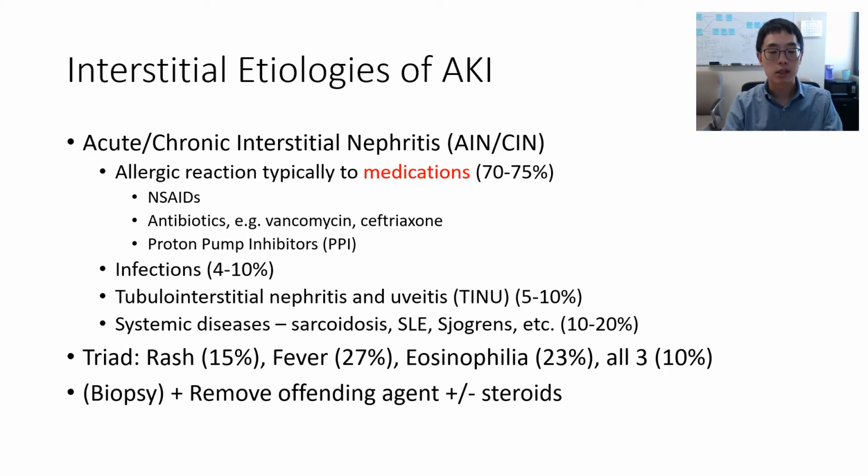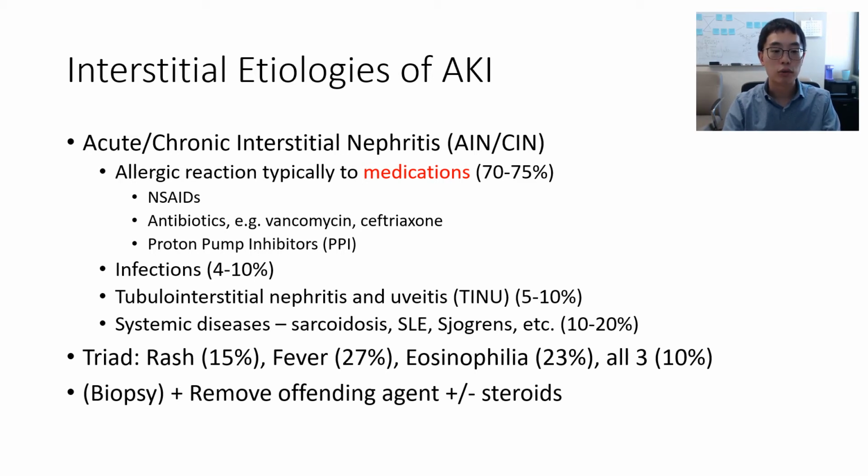In rare cases, infections, or something called tubulointerstitial nephritis and uveitis, if you have eye problems associated with this, can cause acute and chronic interstitial nephritis. There are also some systemic diseases, sarcoidosis, lupus, Sjogren's, that can present with this as well. A lot of times we think about the triad of rash, fever, and eosinophilia, along with acute kidney injury, as being almost characteristic of acute or chronic interstitial nephritis.